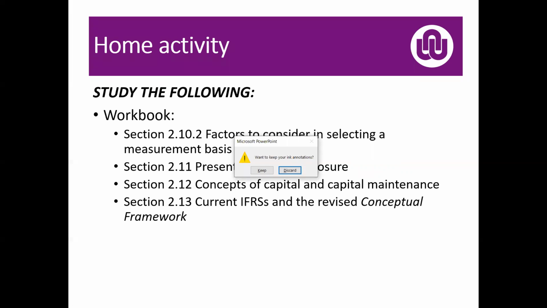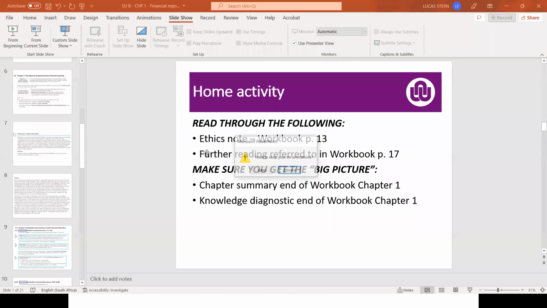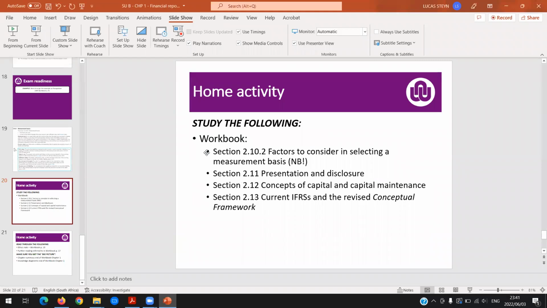So make sure you understand how the financial statements and IAS 1 and the presentation of financial statements and the conceptual framework fit into it. It will not necessarily be asked on its own, but I can give you suggestions that a client would want to suggest, and then see if you understand how to answer those specific questions.